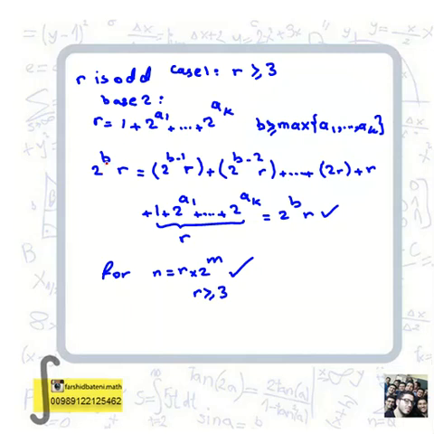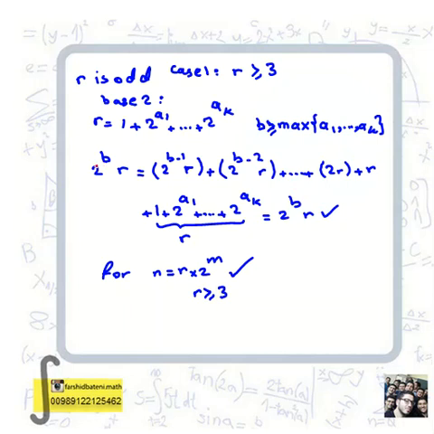Now we want to use that idea. We consider 2 to the b times r. We can write it as 2 to the b minus 1 times r plus 2 to the b minus 2 times r plus and so on, plus 2r plus r, and the last r. If you add up these numbers, you will reach 2 to the b times r.